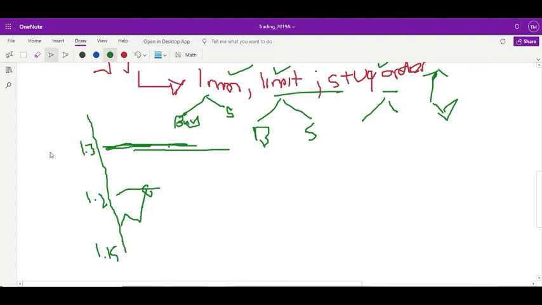So if you place a limit sell order, I need you to understand here, this is not a limit sell order here. We are saying, if the price moves here, I want to place what we call a limit sell order. Be careful with this.